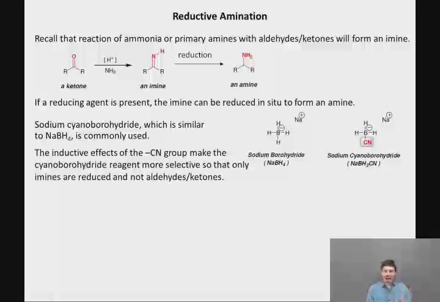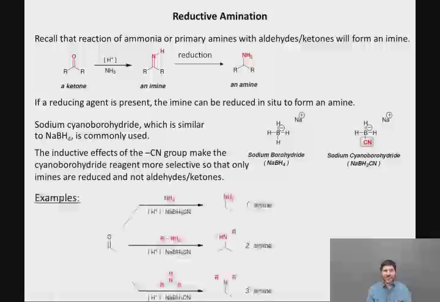Sodium cyanoborohydride is such an unreactive hydride source that we actually do these reactions under weakly acidic conditions. Regular sodium borohydride would react immediately with acid and get destroyed, but doing these reactions under weakly acidic conditions, first of all, favors the formation of the imine.